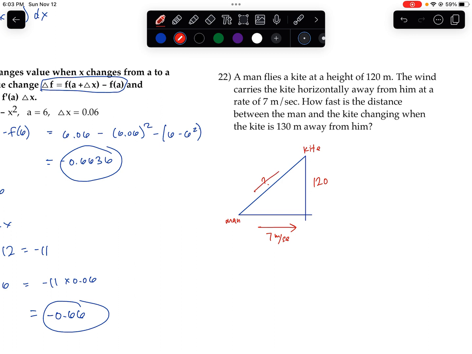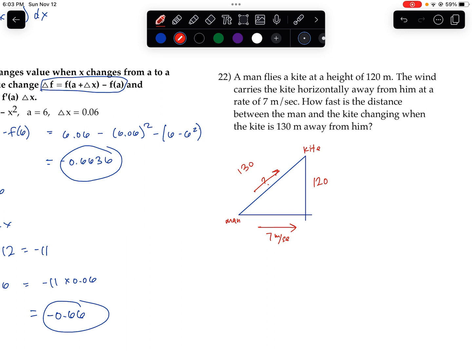What is this rate changing at when the kite is 130 meters away from him? The only reason I don't like these problems is it's kind of hard to tell from the language, but I think that's saying this is 130.